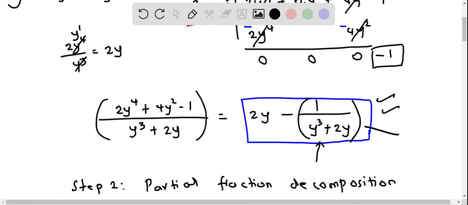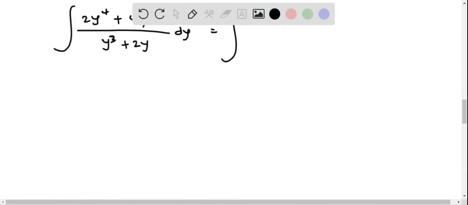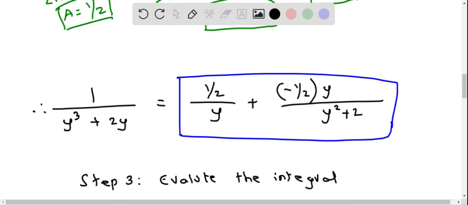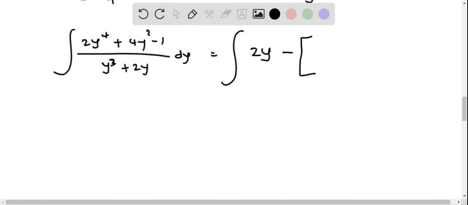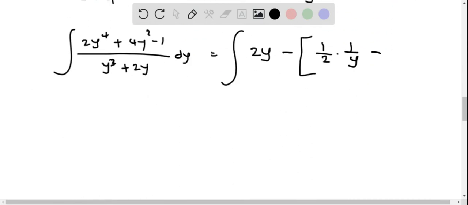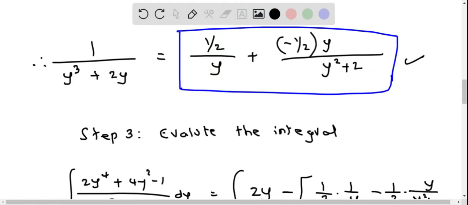But for this, we are going to use the result from step 2. So let me first put 2y minus, I put this bracket. So we use the result from step 2, that is this expression. You can write down this as half times 1 over y, and then this is negative half times y over y squared plus 2.